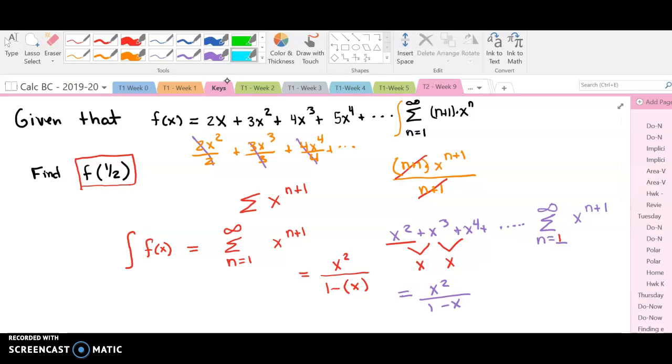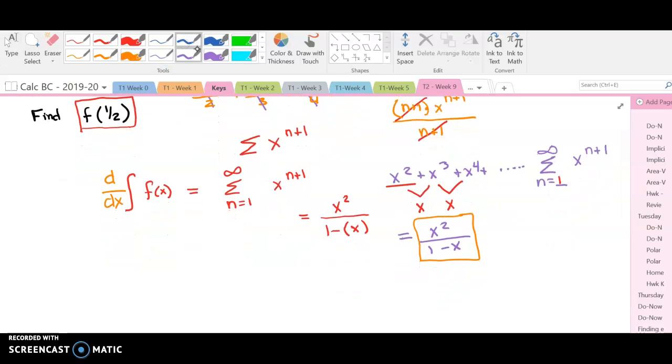So if I wanted to get back to f of x, I would have to take the derivative of what you see here. The derivative of that is going to require the quotient rule, where this is p and this is q, and our quotient rule is p prime q minus q prime p all over q squared.